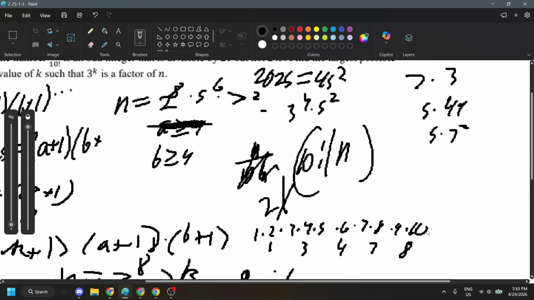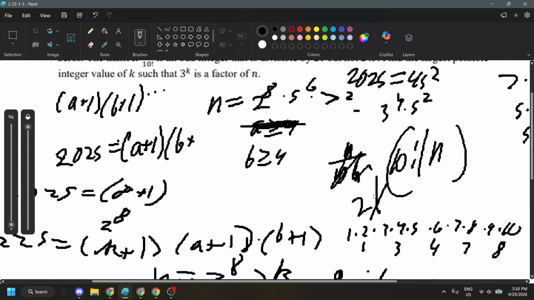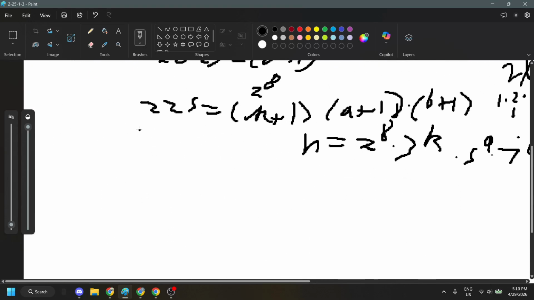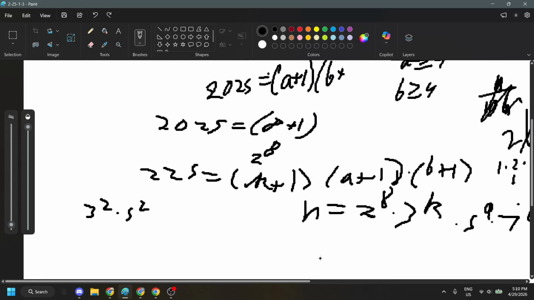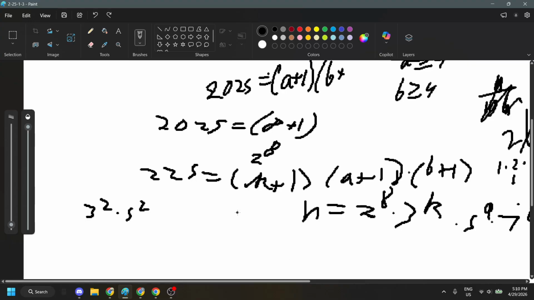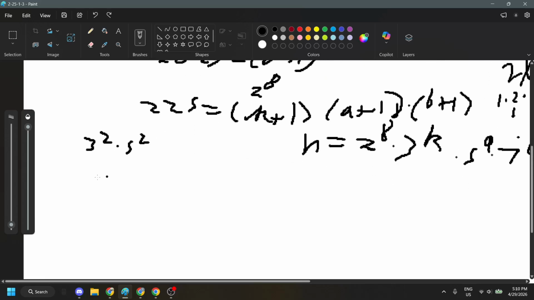Okay, we know, so the different things that can, 3 factors, this is 3 squared times 5 squared, so it could be 25. Well, we know a has to be greater than or equal to 4. So the smallest we can make it is, we could have 1, 225, I guess.